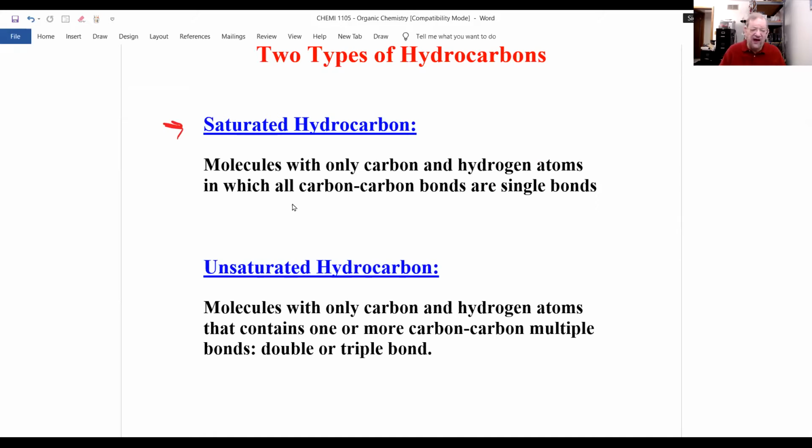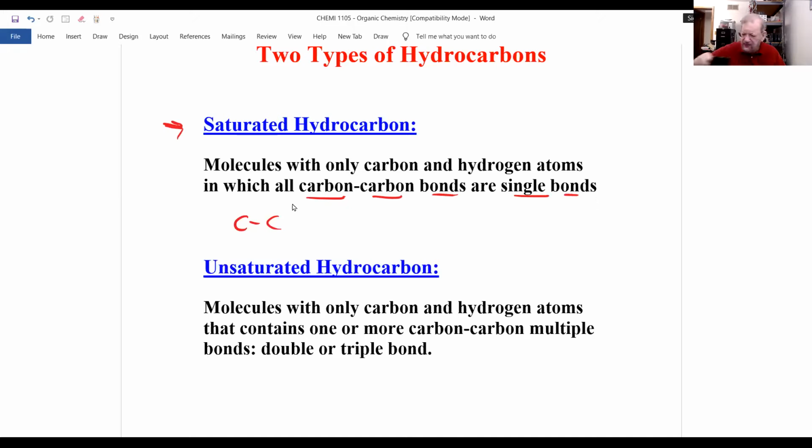And because it's saturated, all carbon-carbon bonds are single bonds, 1 pair of electrons. And we show that like this in organic chemistry. We don't show the valence electrons using Lewis structures. Usually we use a line for a pair of electrons.